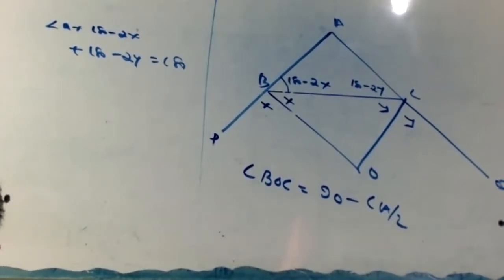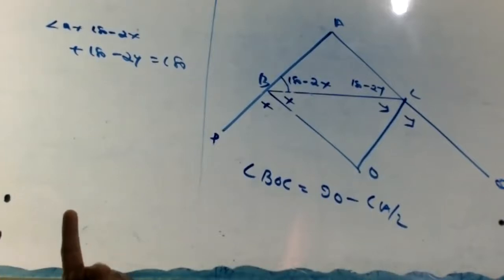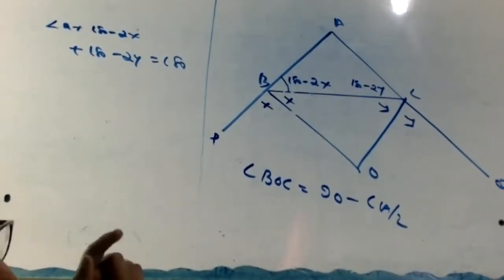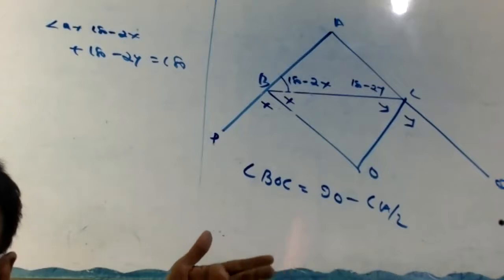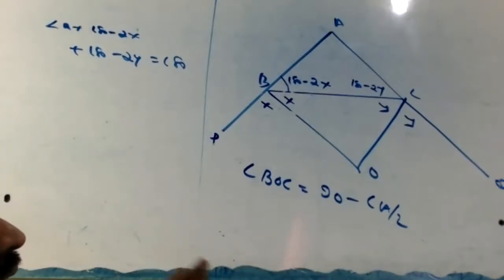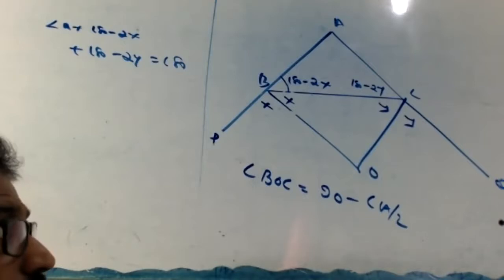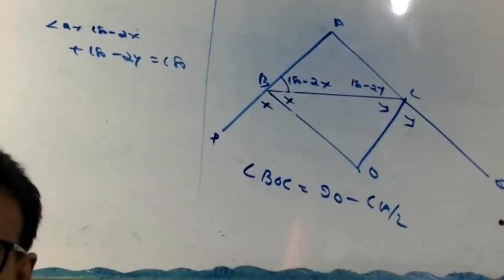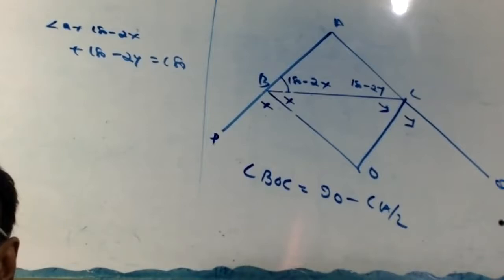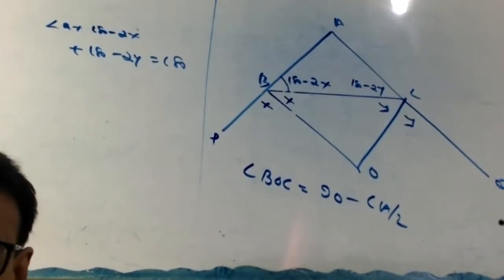After that, look at here. In triangle ABC, A plus ABC plus ACB equal to 180. Reason, angle sum property of a triangle.